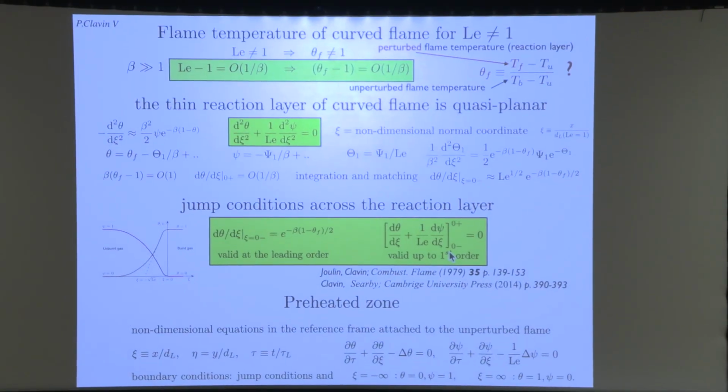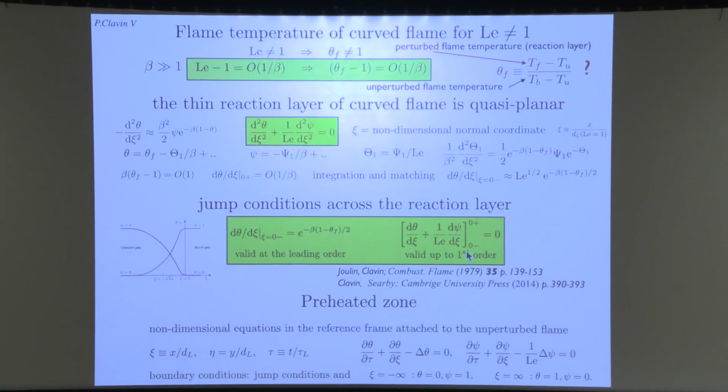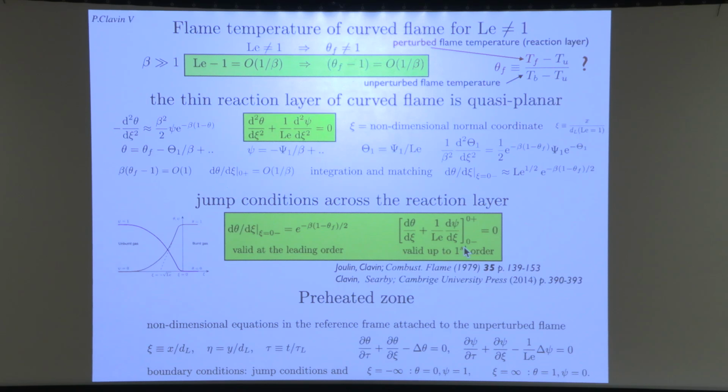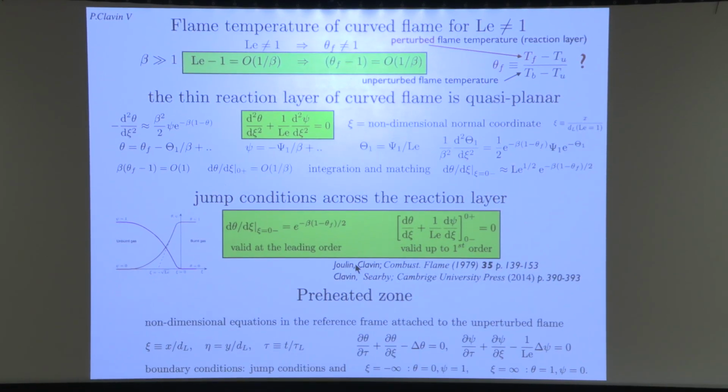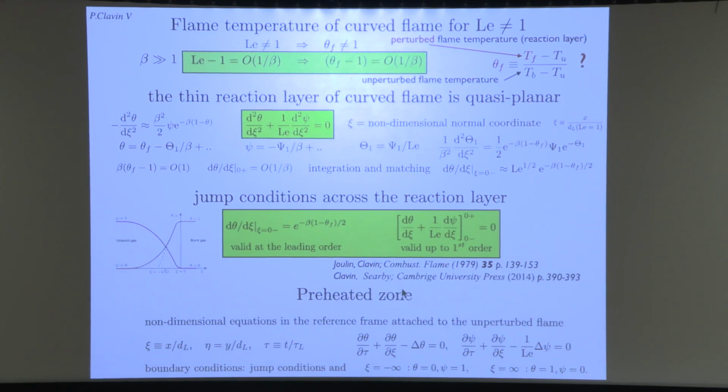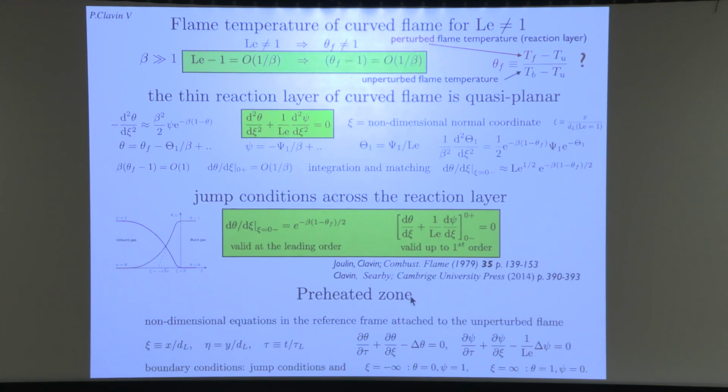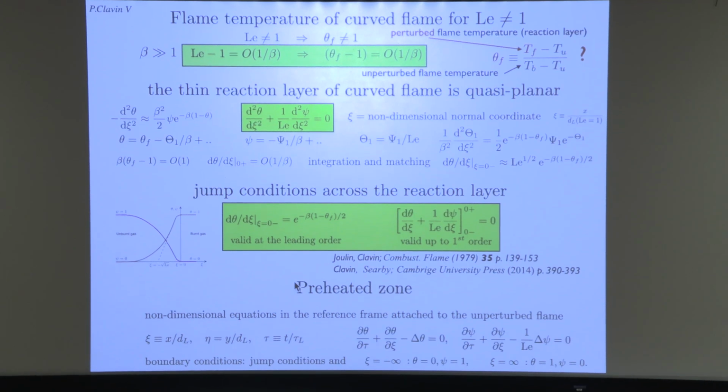I just tell you that if one of you, I hope so, wants to develop asymptotic analysis, they have to be careful, and they have to go back, not to the paper with Julien, but to the book, where this is well developed and presented in detail for PhD students. Now, as usual, oh my goodness, I have to stop.